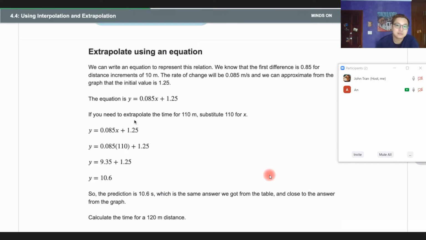If you need to extrapolate the time for 110 meters, substitute 110 for x.